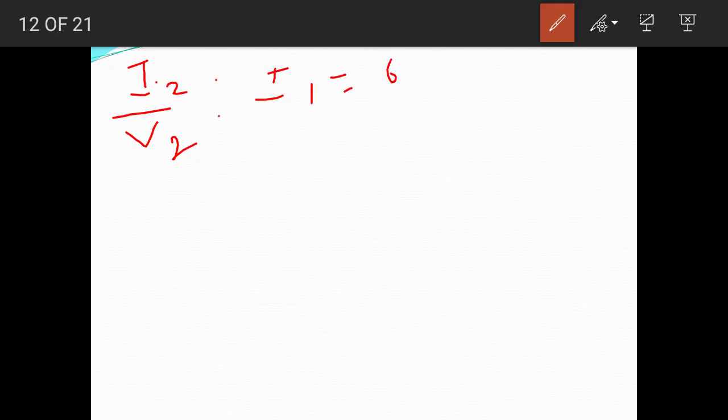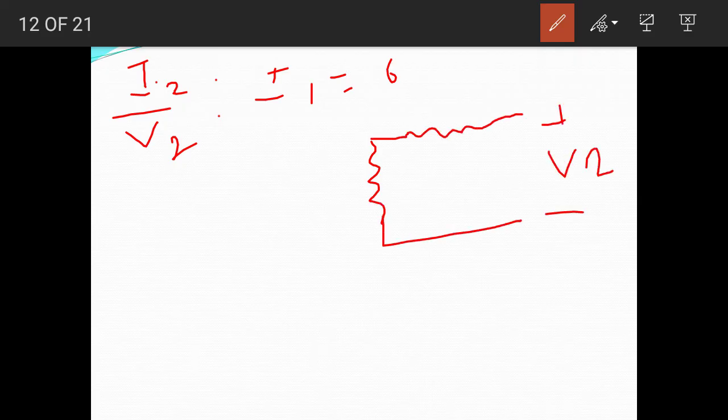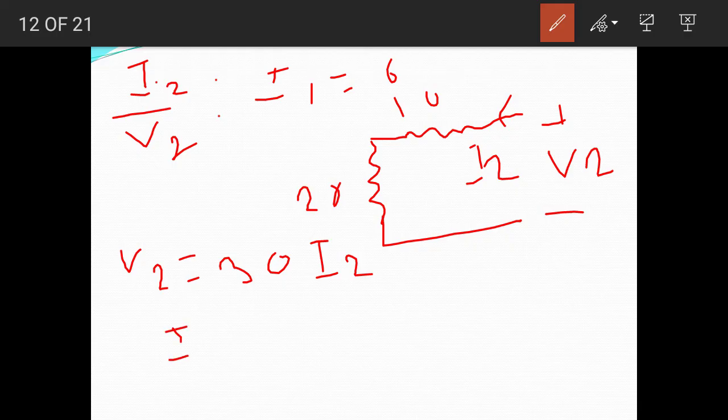So the network becomes in such a manner. Here is V2, current is I2. So V2 is equal to 20 and 10, V2 is equal to 30 of I2. So I2 upon V2 is 1 upon 30.